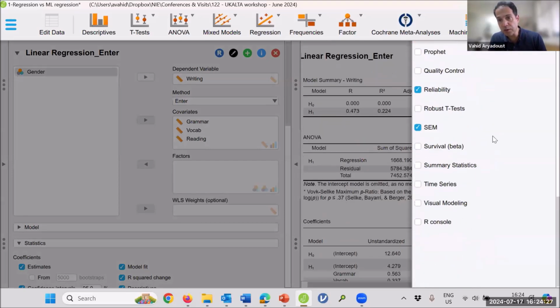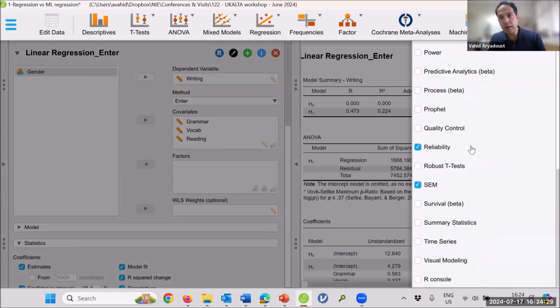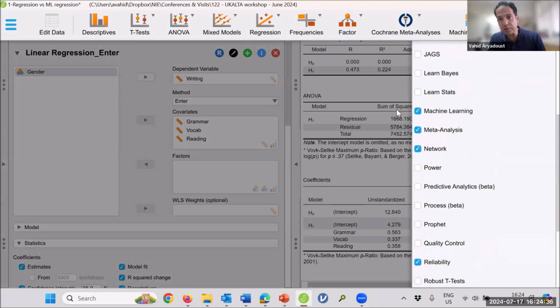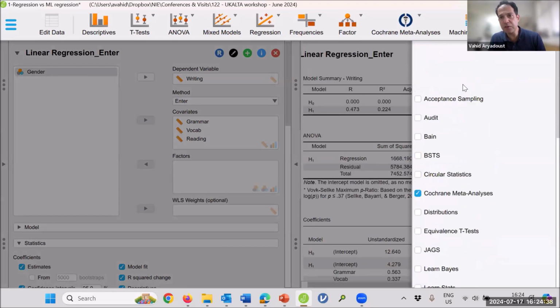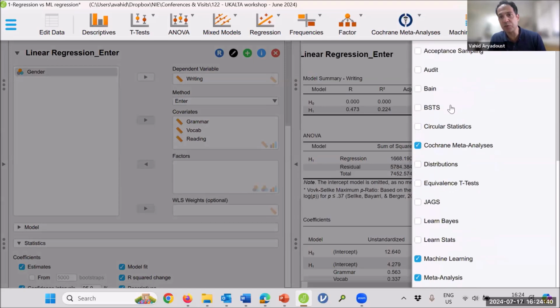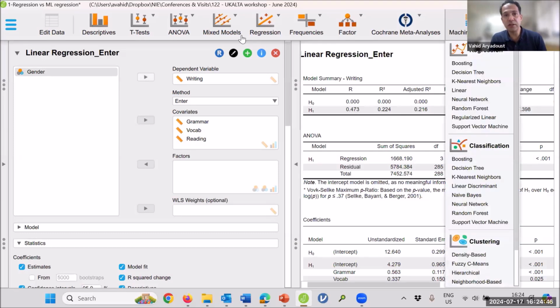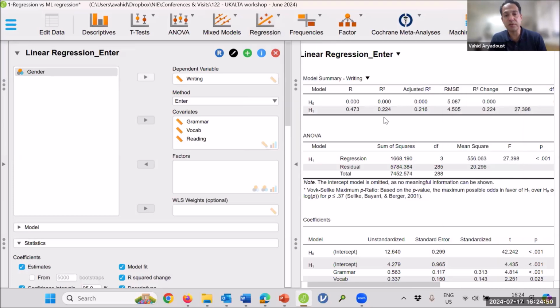And for machine learning, the same way, please find that and just click it, like this one. There are many other cool things about JASP, which you can also install and try later. So we just need machine learning and regression, okay?